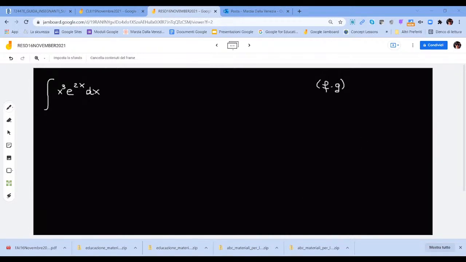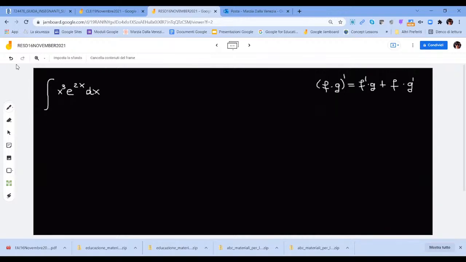Okay, you know the rule. It is the derivative of the first function times the second, plus the first one as it is times the derivative of the second one.